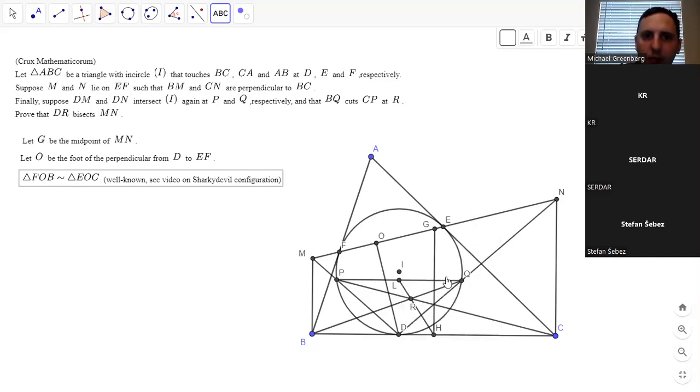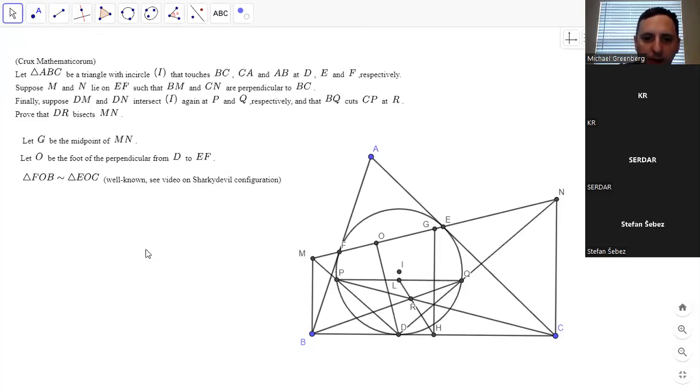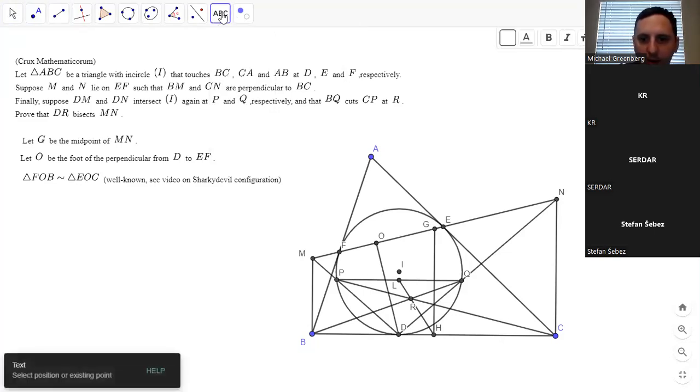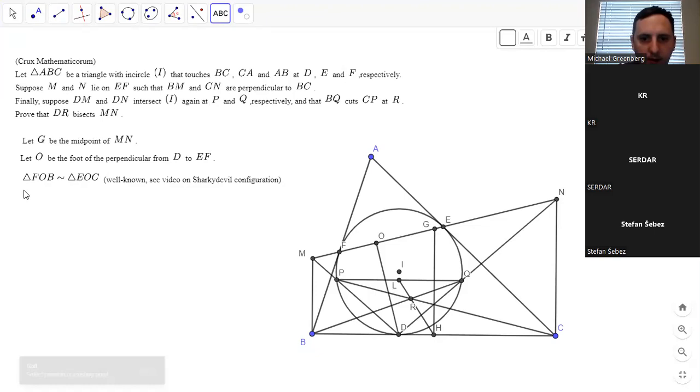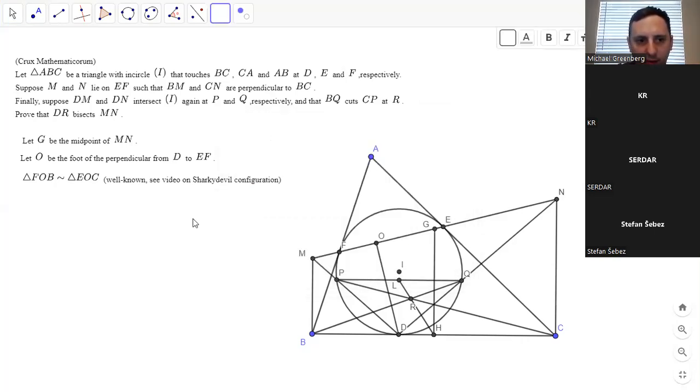And it looks like Shriyansh is joining us. Okay, so FOB, and then we have MODB is cyclic. So MODB and NODC are cyclic due to right angles. And so yeah, thanks for joining, Shriyansh. And so now we can do the angle chase.